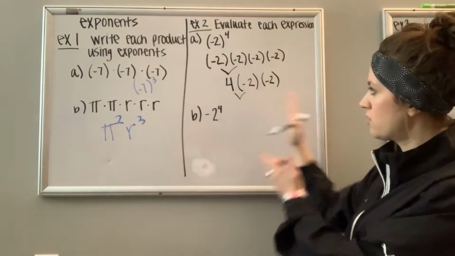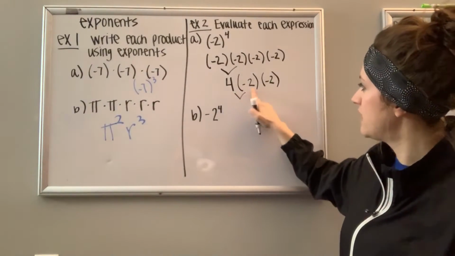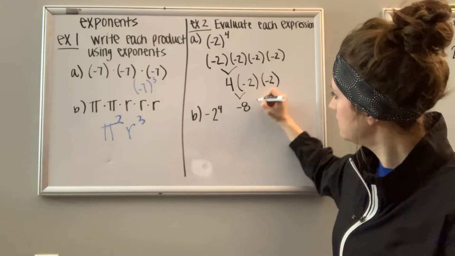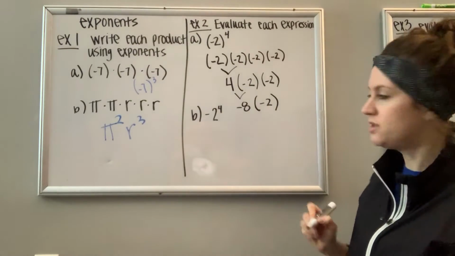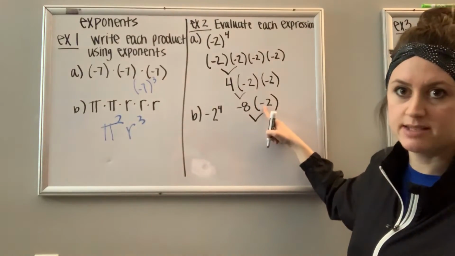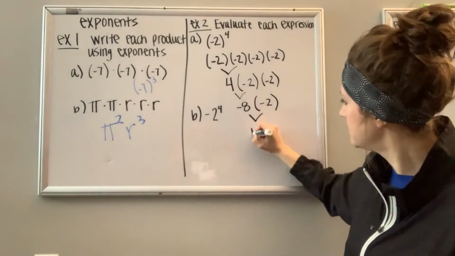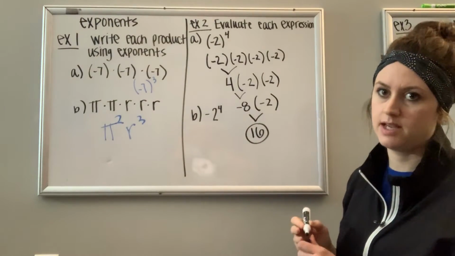We're going in this order from left to right. 4 times -2 is a -8. And then we have one more step to do. A negative times a negative is a positive, and then 8 times 2 is 16. So this answer will give us a +16.